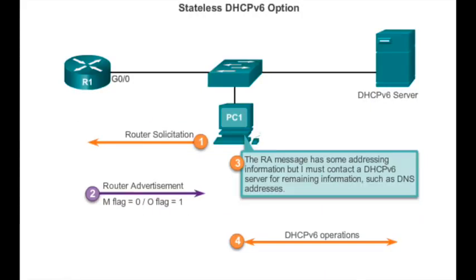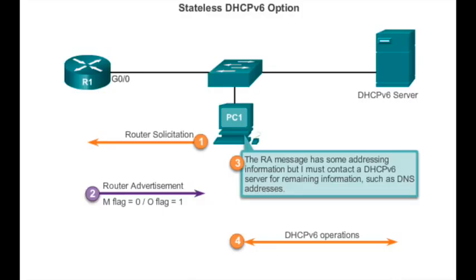There is another method to configure the process. This is the stateless DHCPv6 option. This option informs the client to use the information in the RA message from the router, but additionally, it uses the configuration parameters that are available from a DHCPv6 server.